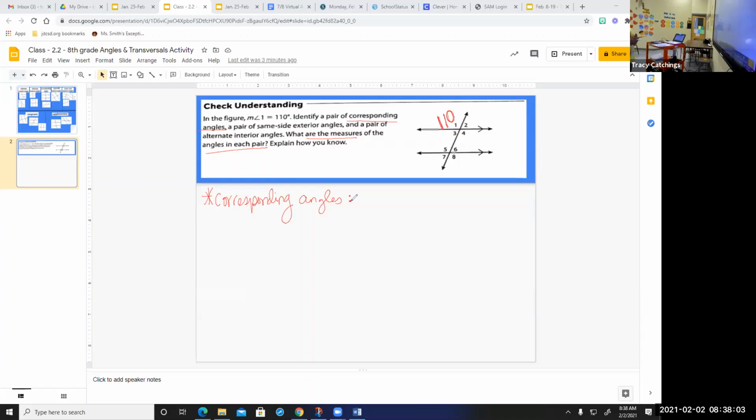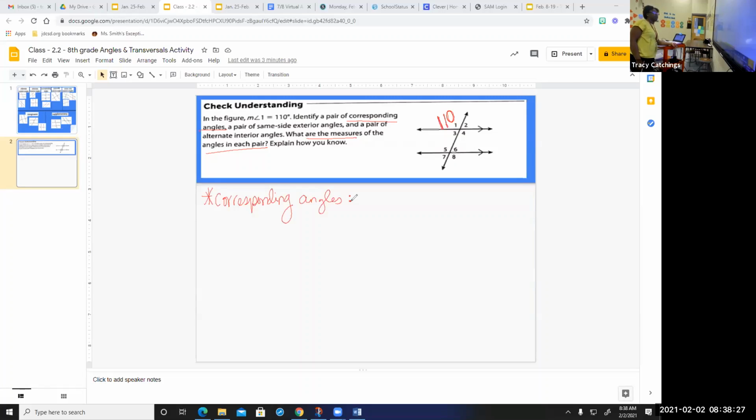What do we know about corresponding angles? Can we say 5, 6? Not 5 and 6. What do we know about corresponding angles? They're congruent. I need something else. Somebody got to know how to identify them.